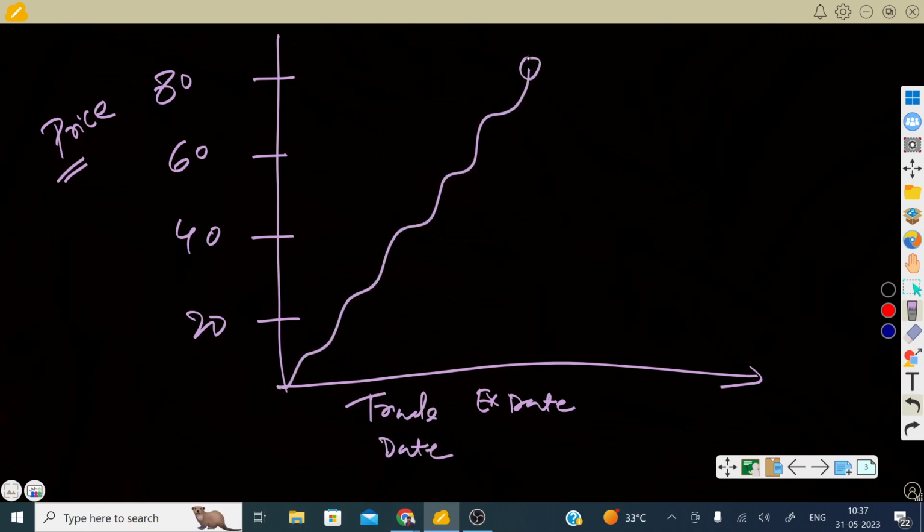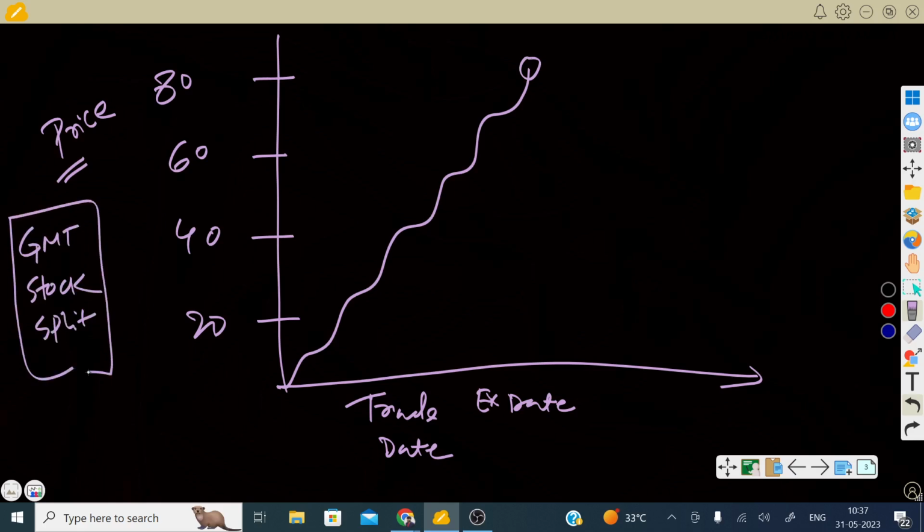Here the stock price of XYZ stock is 80. Right? The company announced a stock split, where for one security a shareholder will receive two.